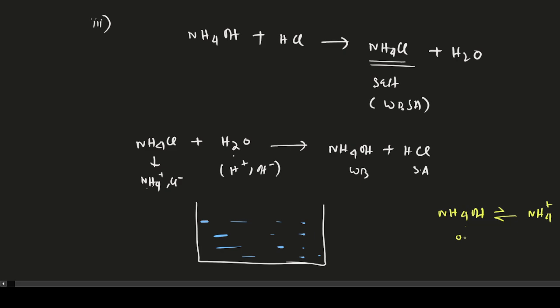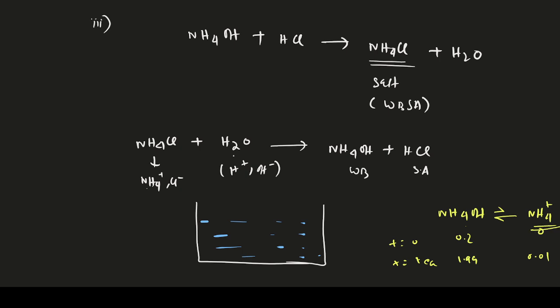So if we say this is 0.2 molar at T equal to 0, and at T equal to equilibrium it is let's say 0.19, 0.01, 0.01, this amount, so very less dissociation.